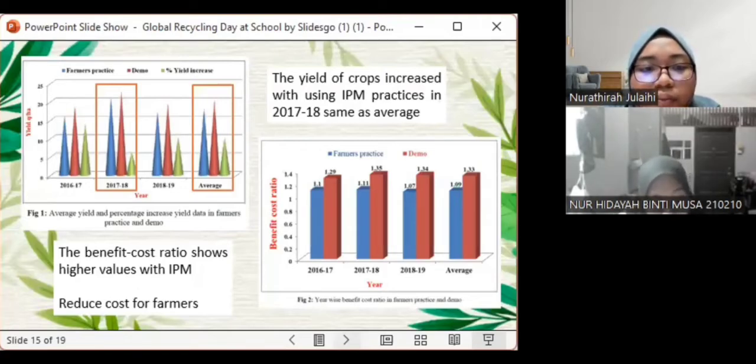The yield of crop increased with using IPM practice in 2017 until 2018, same as the average. The benefit cost ratio shows the highest value with IPM and reduced cost for the farmers. Next.